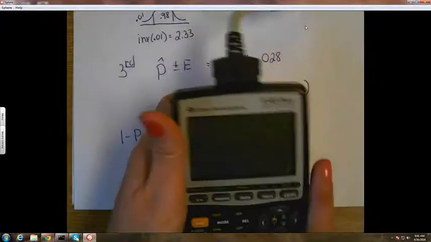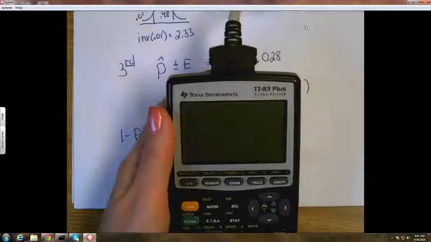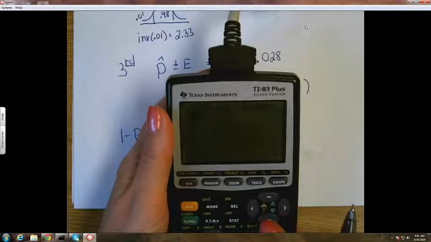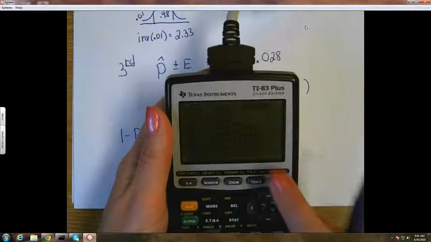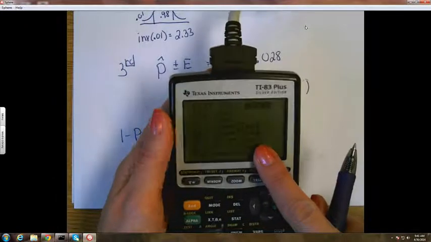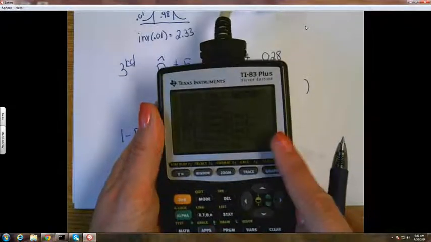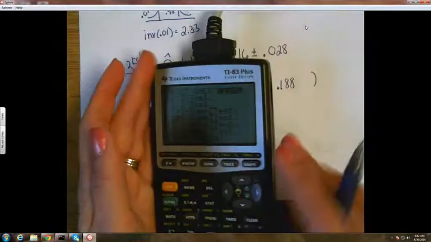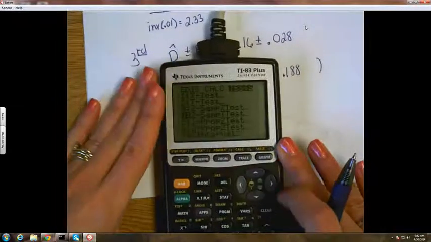Okay, see what the program needs here. Stat, test, one prop Z int. Remember, no tests in this chapter. Don't stop on any of these beginning ones. What direction do I need to be at here?